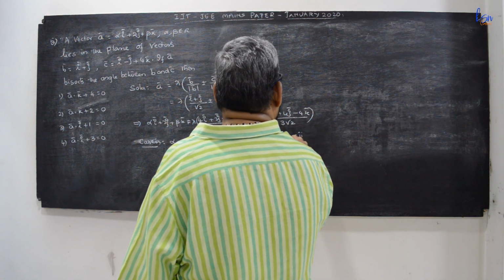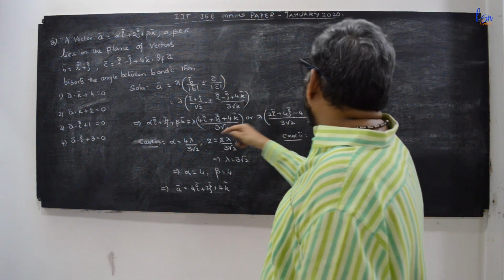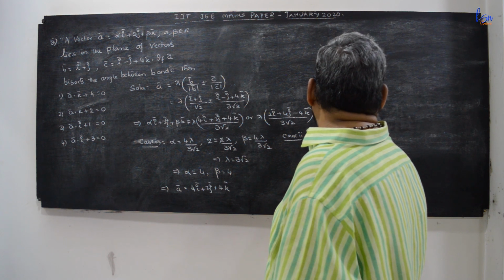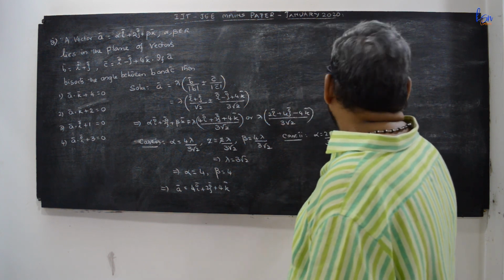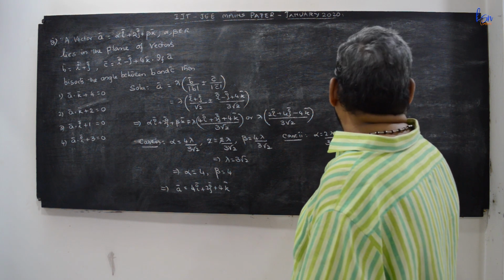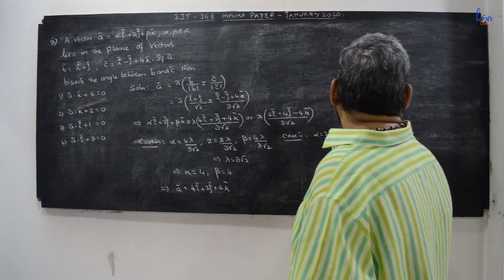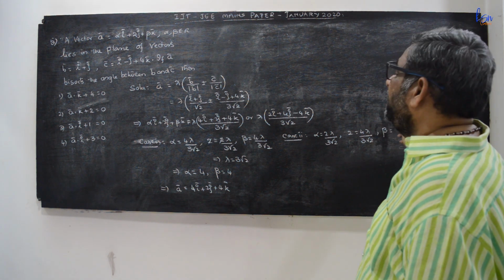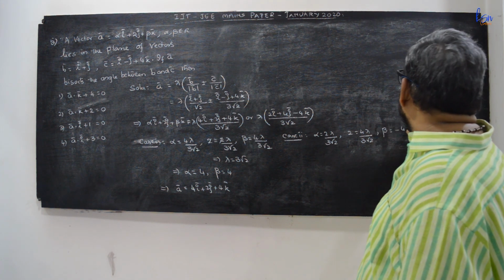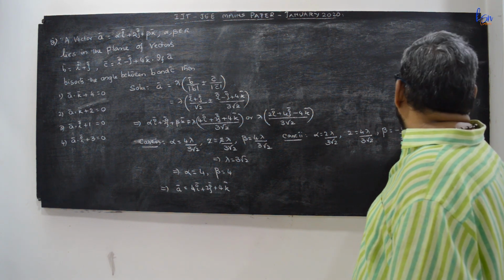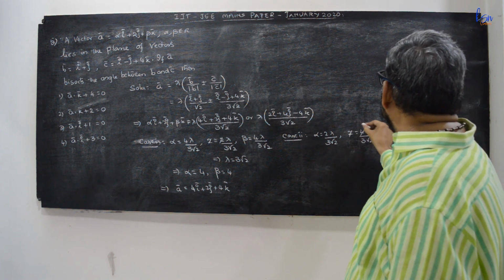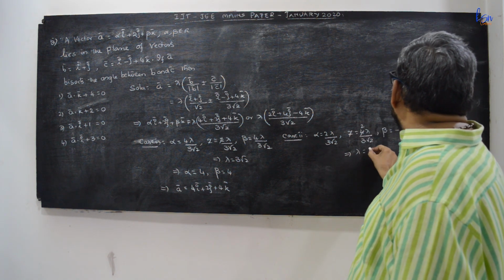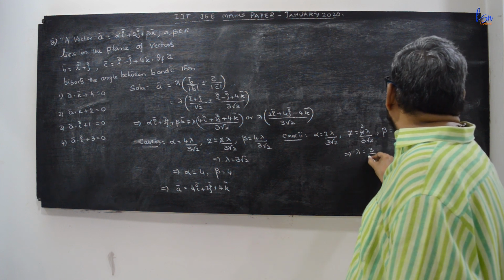We will consider case 2 here, and here alpha is equal to 2 lambda by 3 root 2, and 2 is equal to 4 lambda by 3 root 2, and beta is equal to minus 4 lambda by 3 root 2. You can cancel this 2. So lambda is equal to 3 root 2 by 2, that is 3 by root 2.